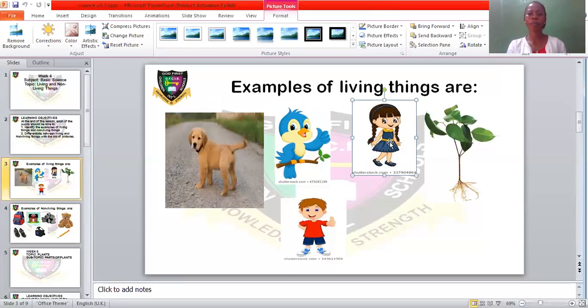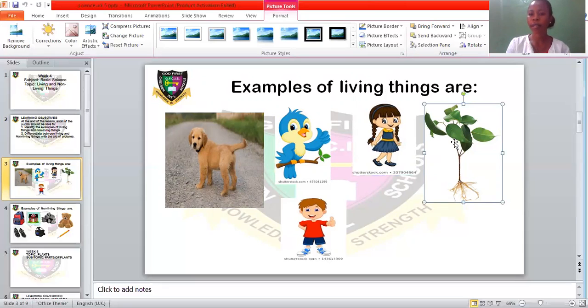Wherever you are, move your body. So you are an example of a living thing. Are you a living thing or not? I am a living thing. Very good. Beautiful.